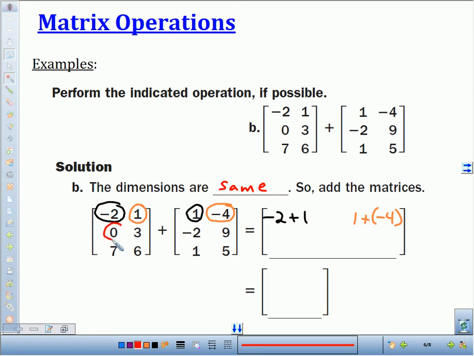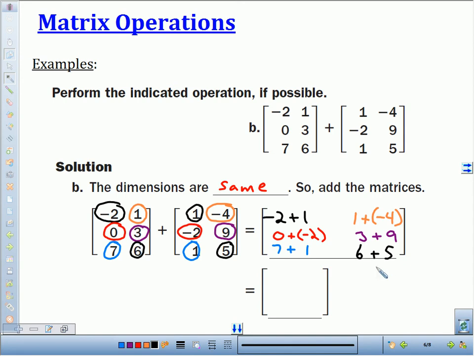I'm going to add 0 and -2, 0 plus -2. 3 and 9, 3 plus 9. 7 and 1, 7 plus 1. And 6 and 5, 6 plus 5. So all of my corresponding elements are being added together.